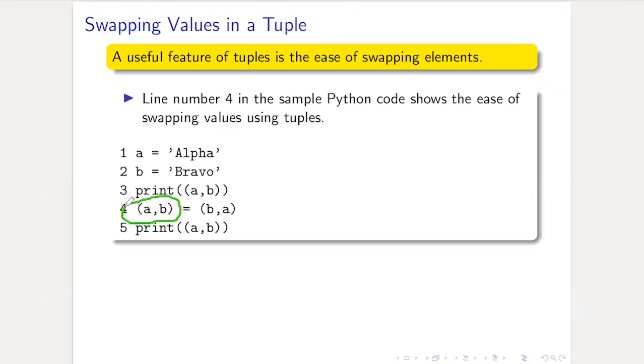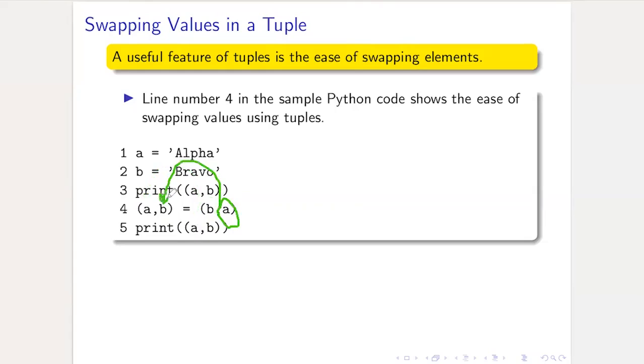A is a variable, B is a variable, and on the right hand side I have the tuple representation of the variables B and A, and the notation states: take the value in variable B and assign it to variable A, and take the value in variable A and assign it to variable B.